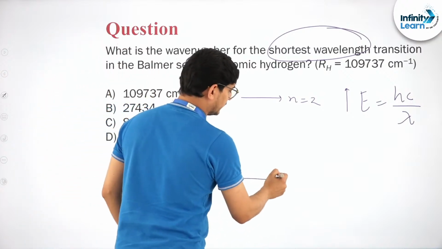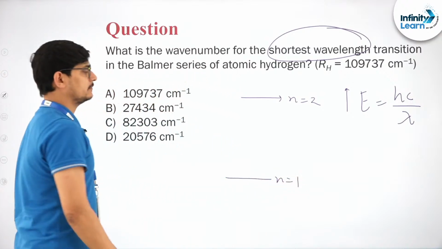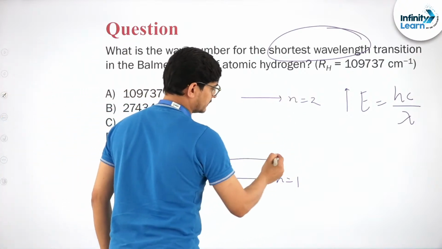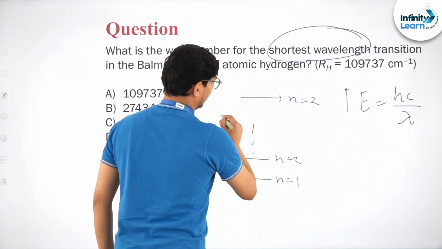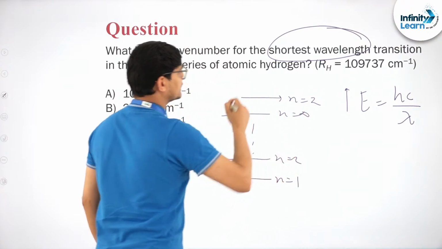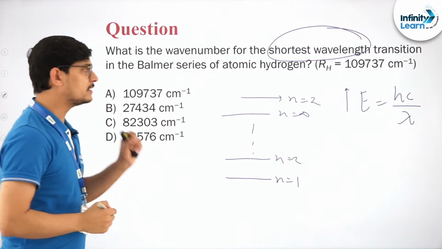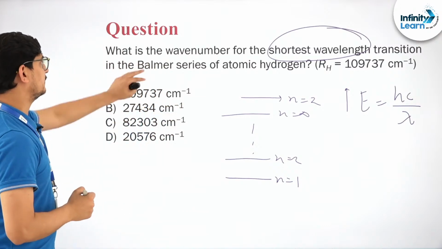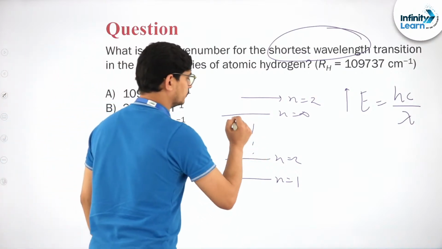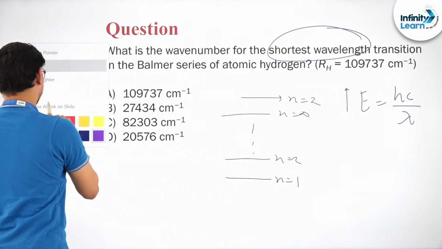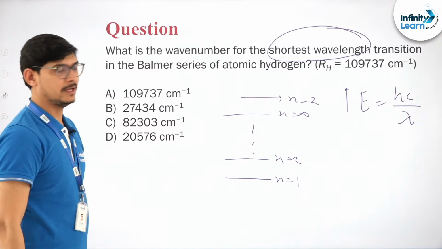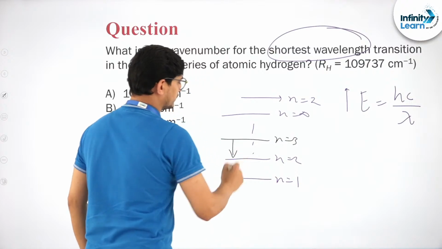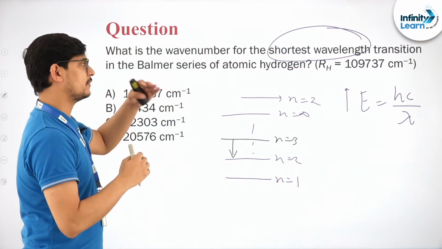Now we assume that for hydrogen atom ground state is 1 and mathematically there are infinite orbits. So for maximum amount of energy, which transition should we consider? For the Balmer series, electron drops to 2, that is fixed. Now if it begins from n is equal to 3, it will be minimum energy, because it is starting just from the upper level.